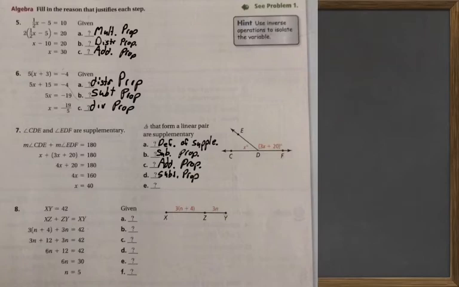I'm a step ahead, aren't I? So from there, 4x plus 20 equals 180. The next step goes to 4x equals 160. To get there, I subtracted over 20, and then the last one, everybody is divide.